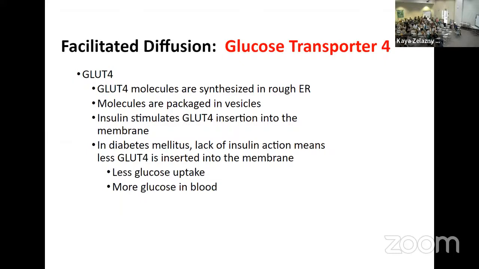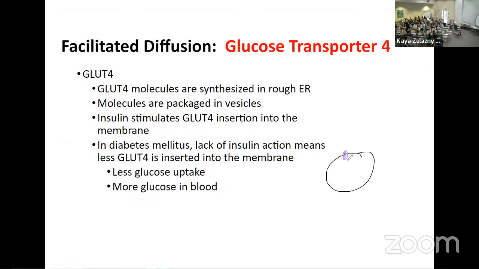But where we're picking up, where we're interested in, is the way that you get these GLUT4 proteins embedded into a membrane: they respond to influence. So we're imagining a cell, right? Here's our cell. I'll make our transporter purple.